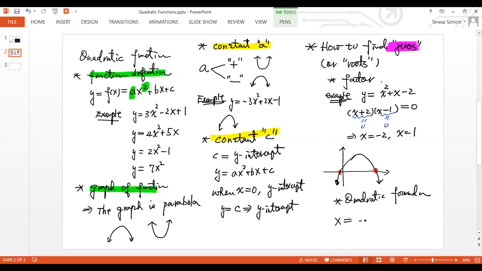I say x is equal to negative b plus minus the square root of b squared minus 4ac, all over 2a, right? So you have the constants a, b, c. So you can use the quadratic formula to find the zeros or roots also. Okay, so those are a few very important things.